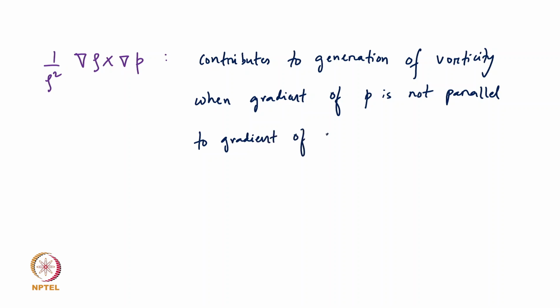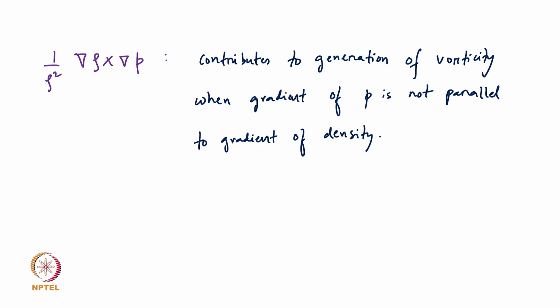And if you recall, we had already discussed this special situation, or rather it's actually very prevalent in the ocean. This situation is baroclinicity. That is, the constant pressure surfaces are not parallel to the constant density surfaces, and this misalignment gives rise to a net torque, and this is responsible for generation of vorticity in fluids where the density is not only a function of pressure.